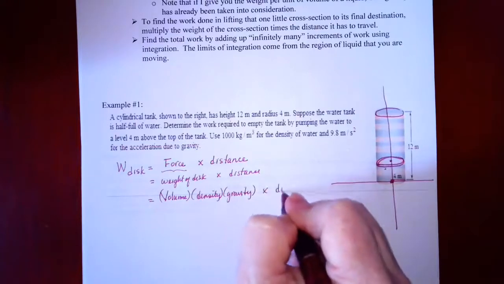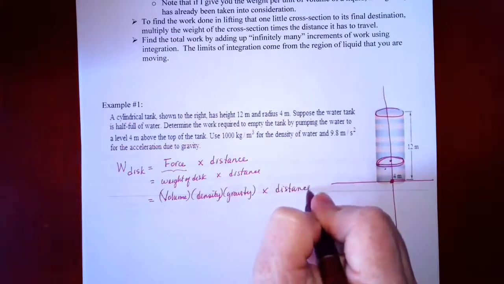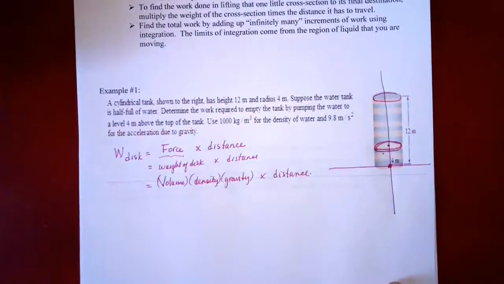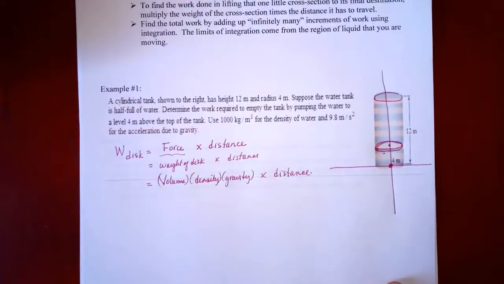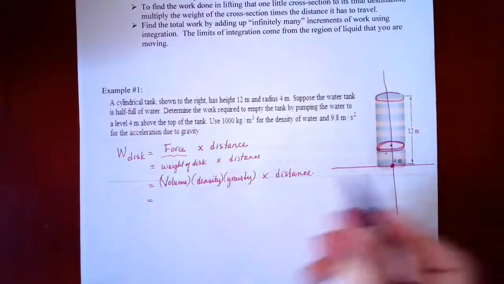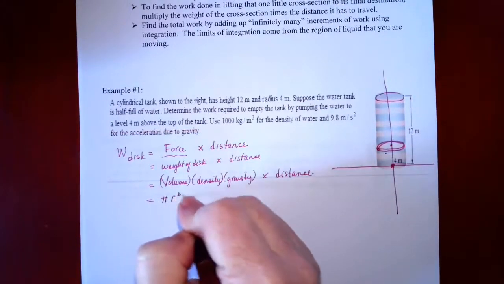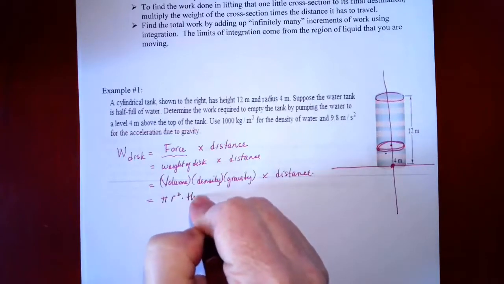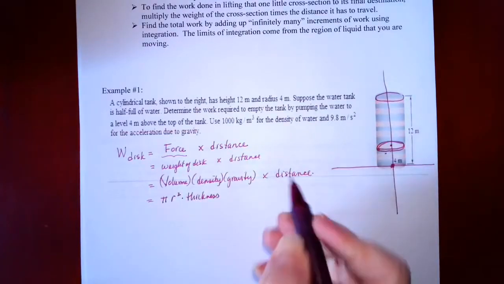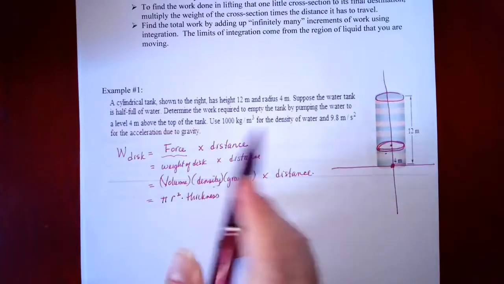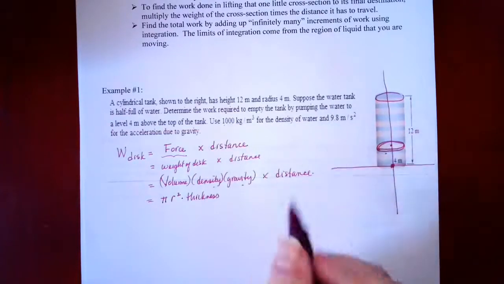And then we'll worry about times the distance. Okay, so now we're kind of, not exactly, but we're back in at finding volumes of discs. How do you find the volume of a disc? It's pi times the radius squared times the thickness. The density and the gravity are given. They're 1000 and 9.8.